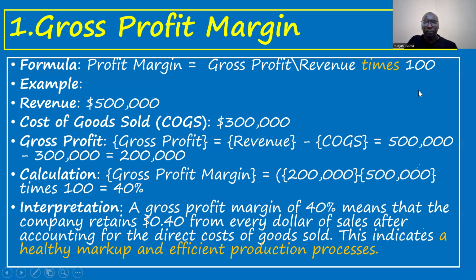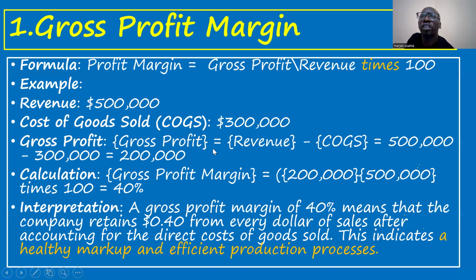For example, you can be given the revenue, which is 500,000, and you can be given the cost of goods sold in the exam as 300,000. Now, they will ask you to find the gross profit margin. So to get the gross profit margin, first you need to get the gross profit.